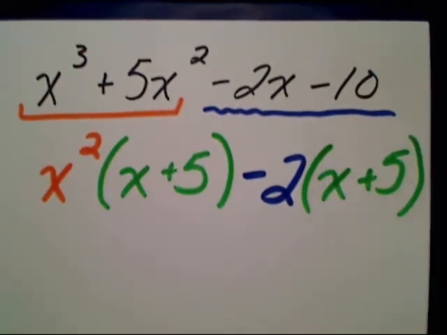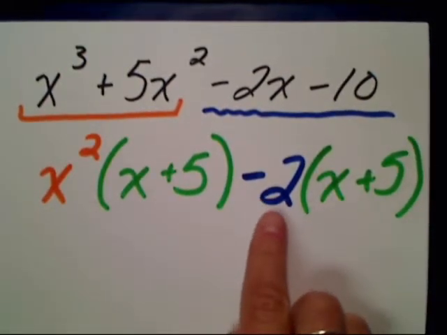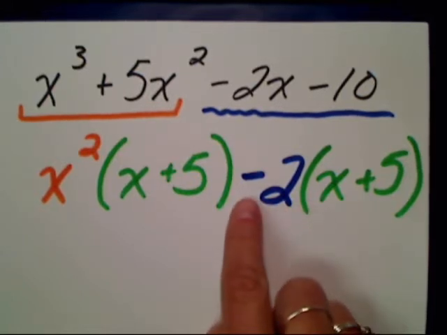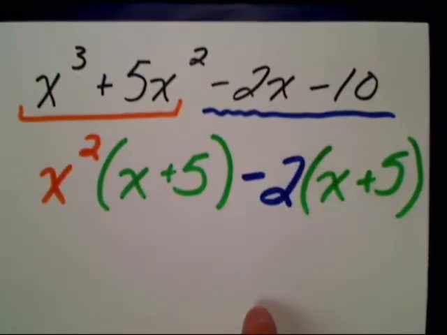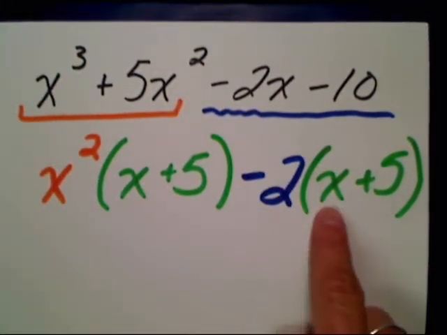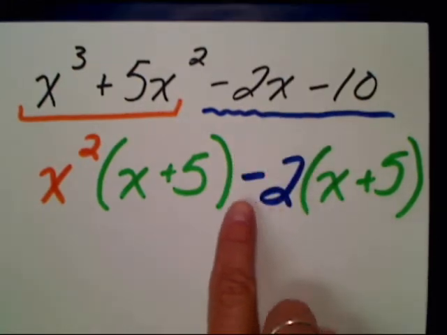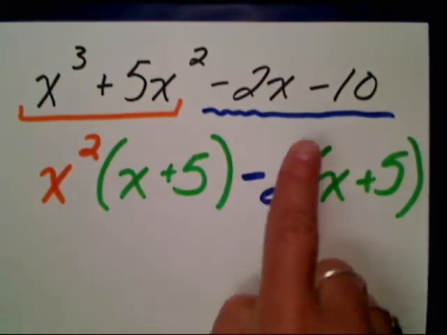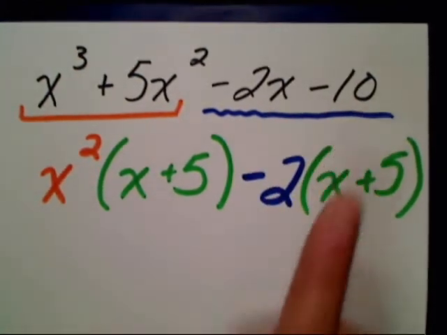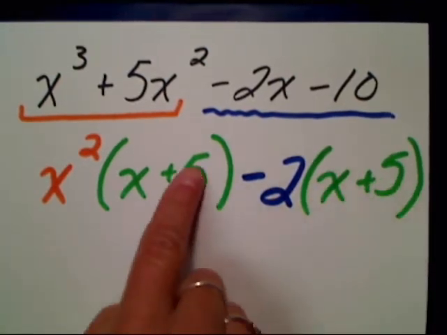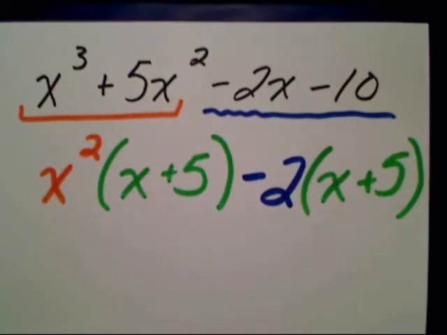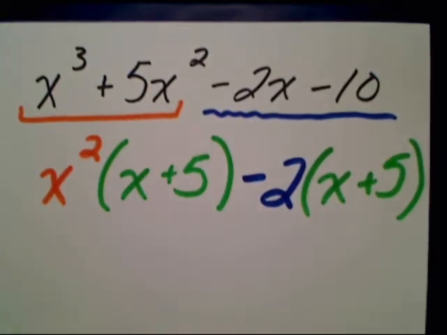Remember that you can always check this by redistributing. This is not a 2 that's being distributed in, as we learned from last week, it's a -2. All subtraction can be turned into adding a negative. Negative times x is a -2x, -2 times a positive 5 is my -10. So it checks out. Once again, now this quantity is the same in both of my terms. It will be. If it's not, you did something wrong.